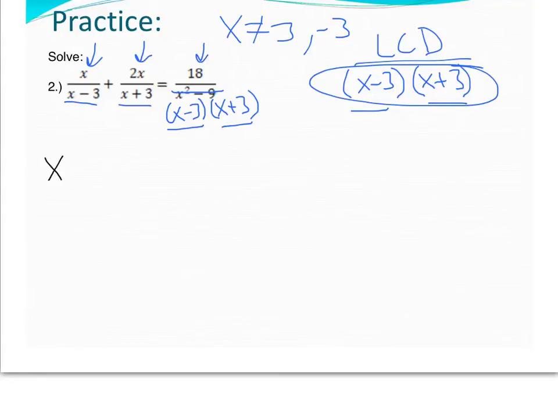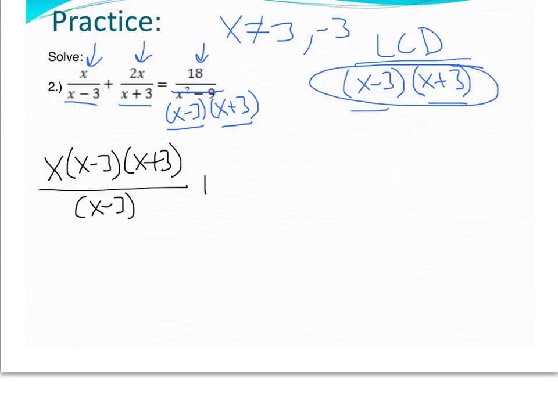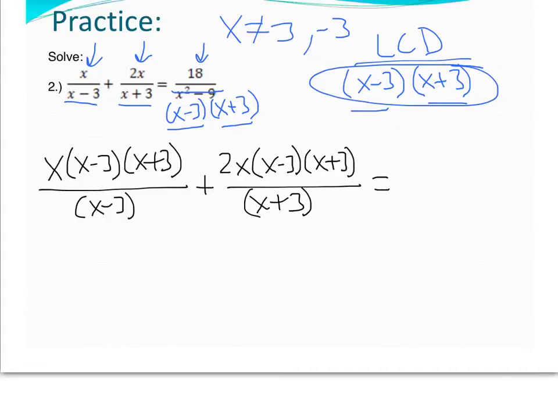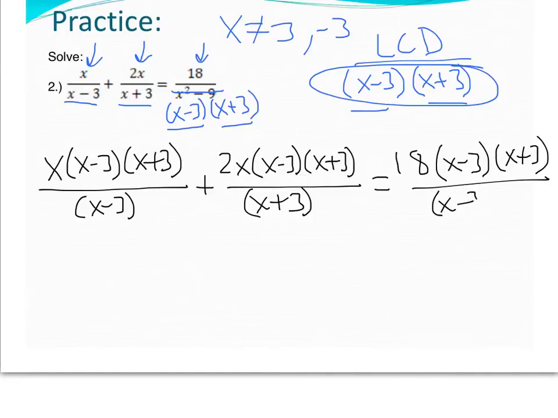I'm going to have x times x minus 3, x plus 3, all over x minus 3, plus 2x times x minus 3 times x plus 3, all over x plus 3, equals 18 times x minus 3 times x plus 3, all over x minus 3 times x plus 3.